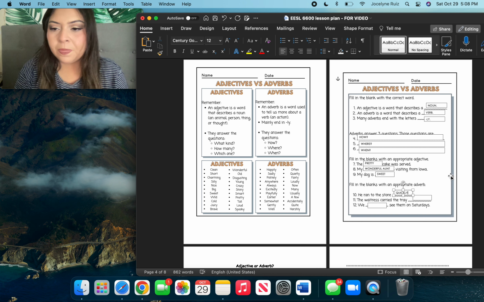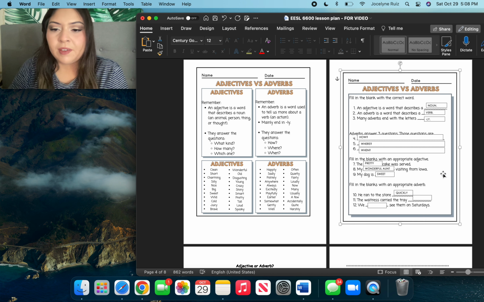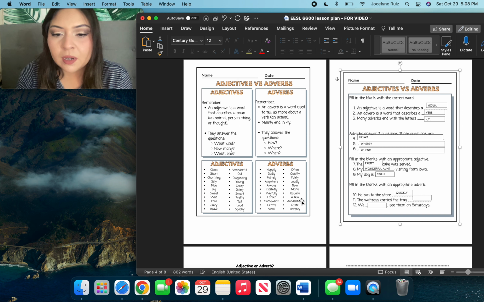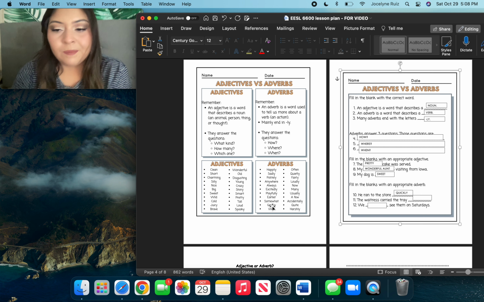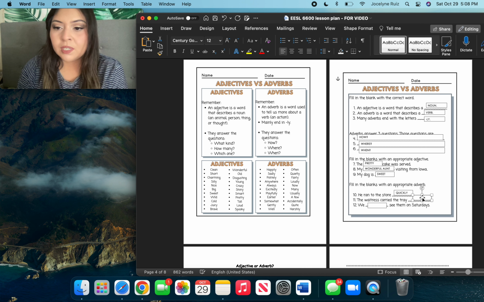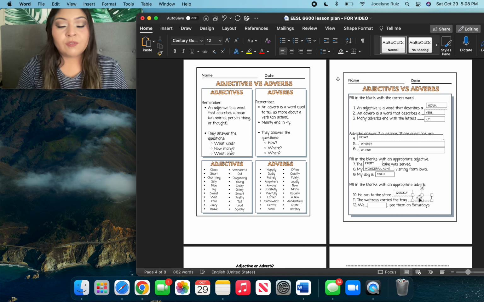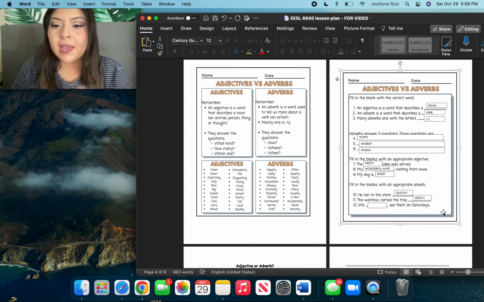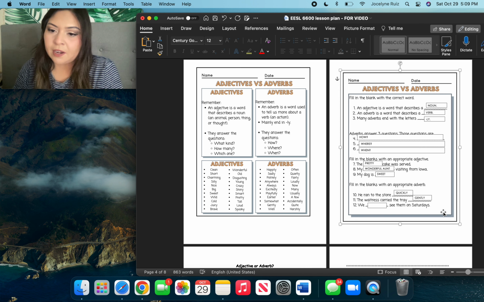For number 11, it says the waitress carried the tray. We can put gently, because usually waitresses carry large amounts of food on their trays, so they need to be careful, so gently would fit perfectly. And our last one, it says we blank see them on Saturdays.